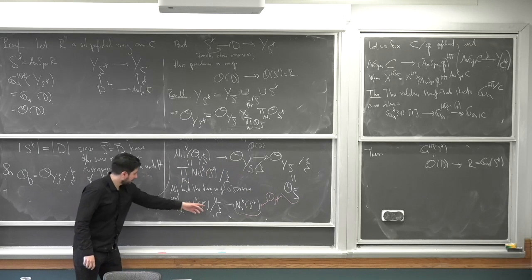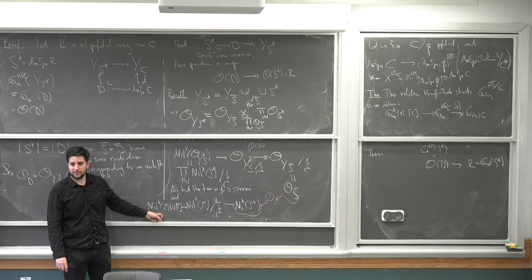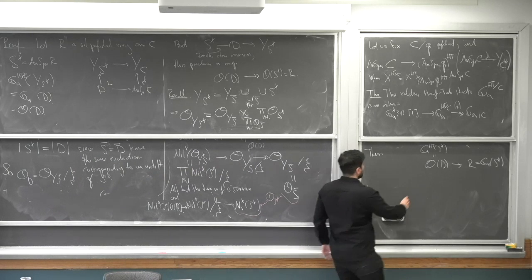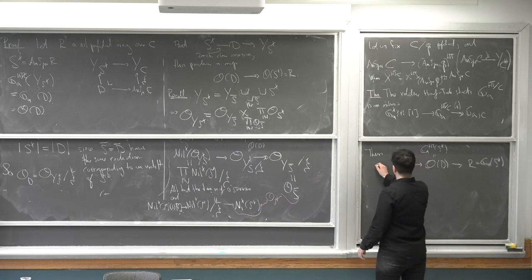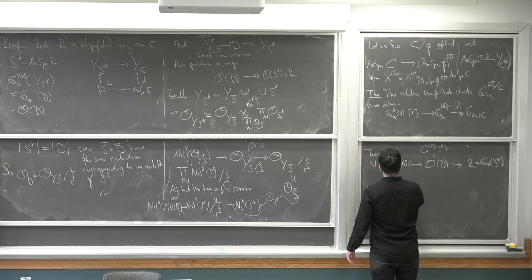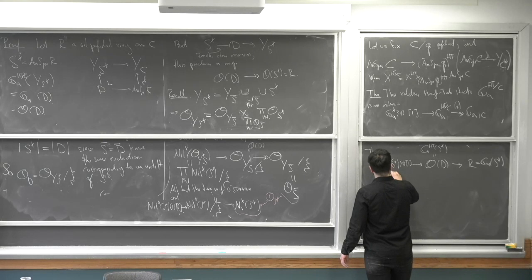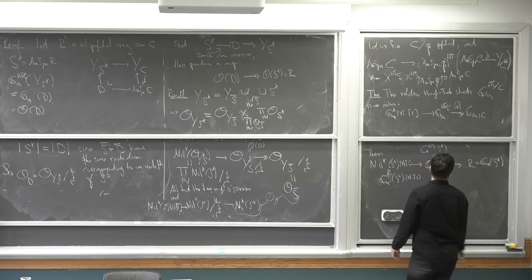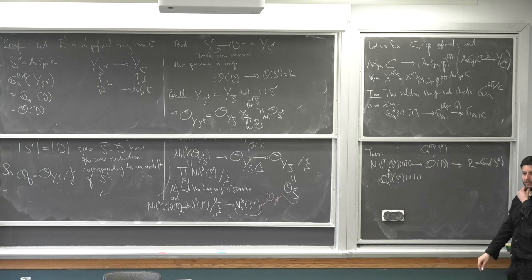The kernel of this map is precisely the piece that you have here, beside this G_a. So it's a G_a diagram. This precisely.